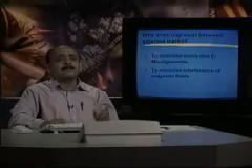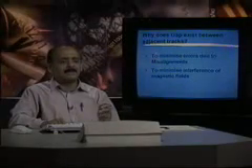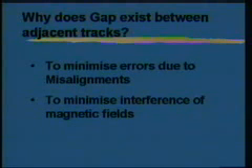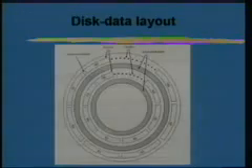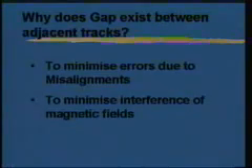In addition, the other objective over here is to minimize interference of various magnetic fields. After all, reading and writing on a disk is through the conducting coil, which is the head, and that is the magnetic conducting coil.